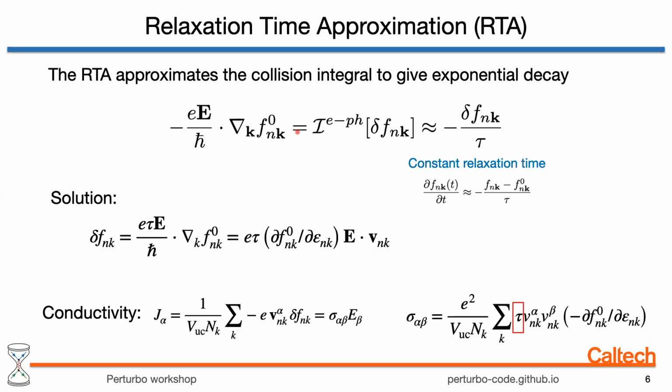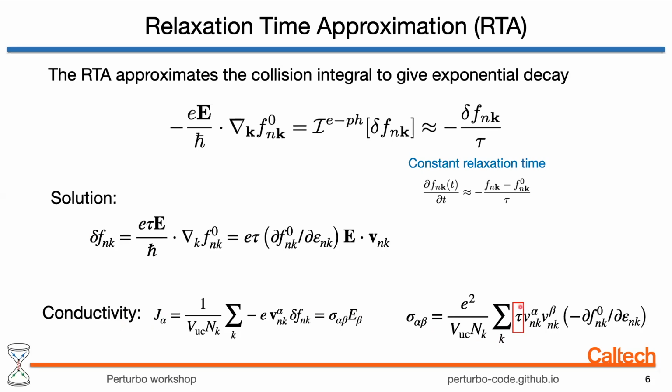Now, going back to this form of the Boltzmann transport equation that we're trying to solve, which has the external electric field, you can rearrange this equation and end up with an expression for the delta F, which is the perturbed occupation. You then take this and plug it into the expression for the current density, and extract the equation for the conductivity.